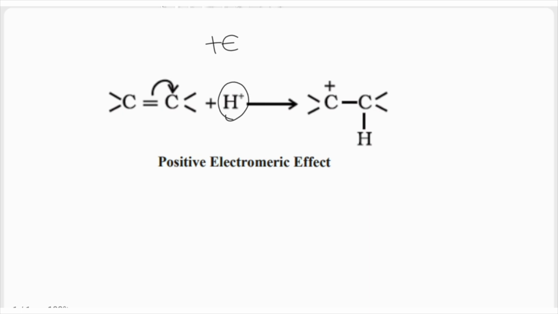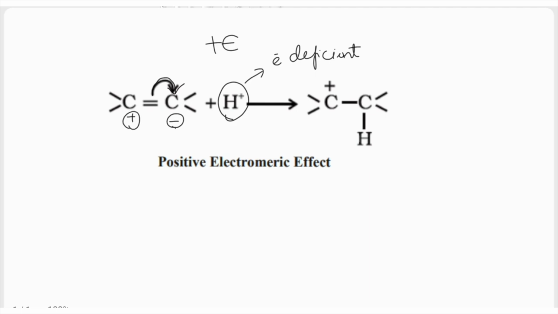Here the attacking agent is H plus, the electrophile. An electrophile is an electron deficient species, so it will always try to attain electrons. We observe the shifting of pi electrons from one carbon to the other. Accordingly, this carbon gets the negative charge and this one gets the positive charge.